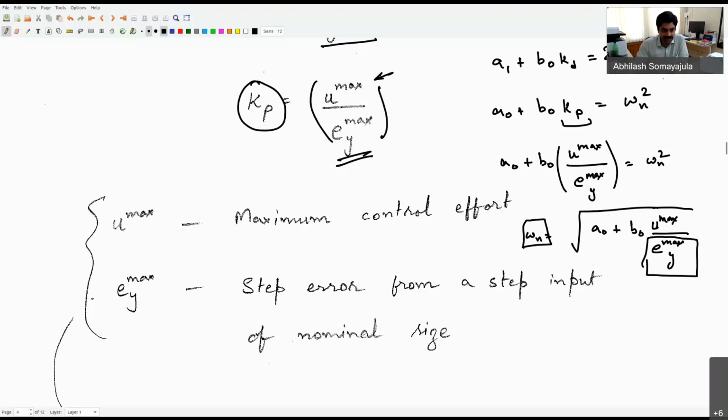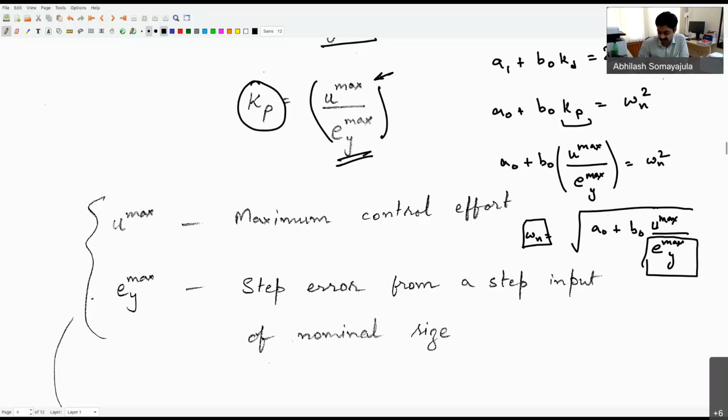Okay. One care one has to take here is you don't want this omega n to be too high as well. It should at least be lesser than how fast our rudder can respond. There is no point in asking our system to respond faster than our rudder actually can respond. So let us say we are on a typical ship.